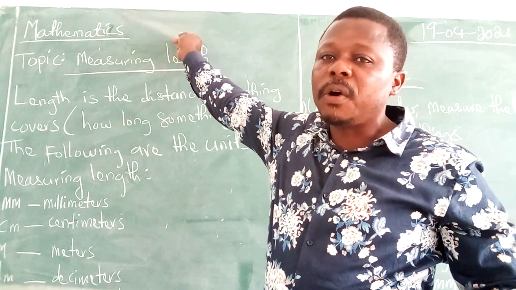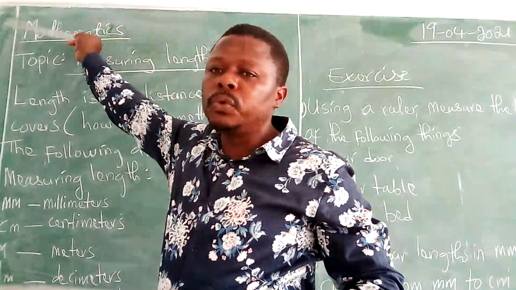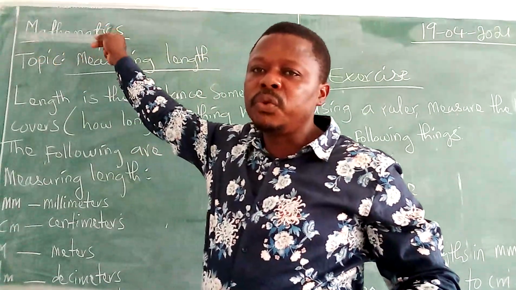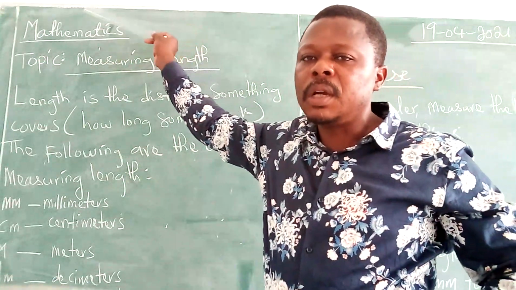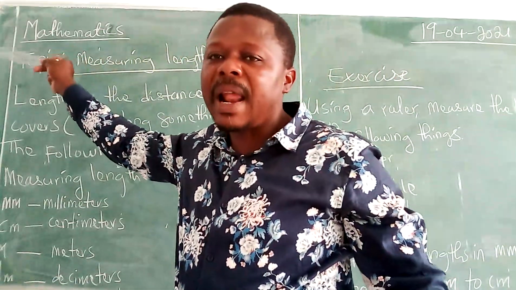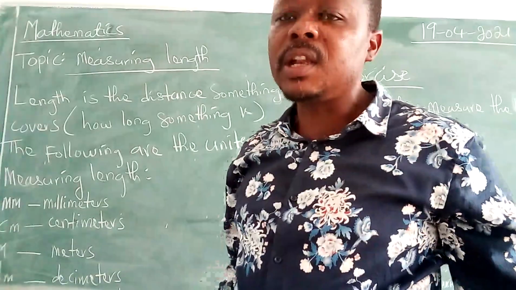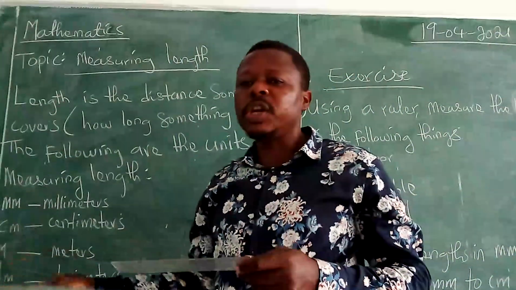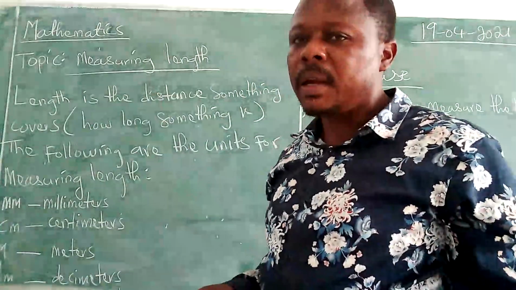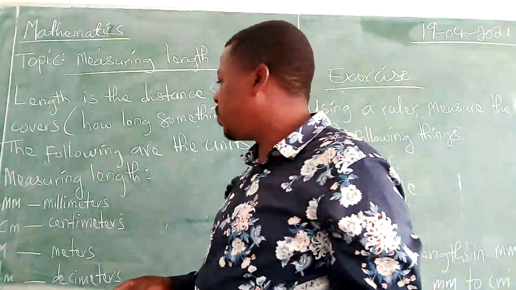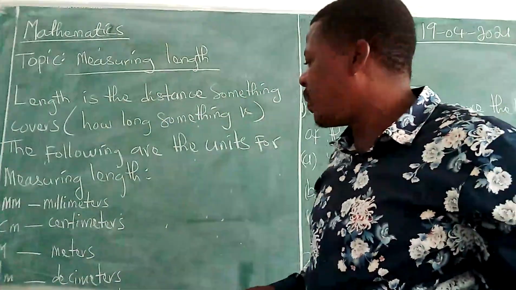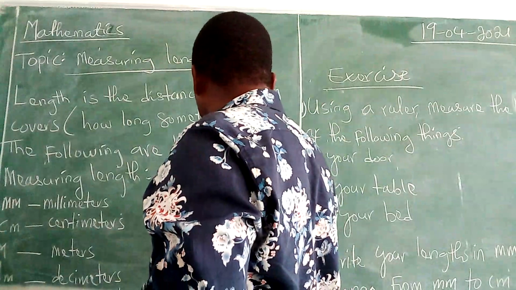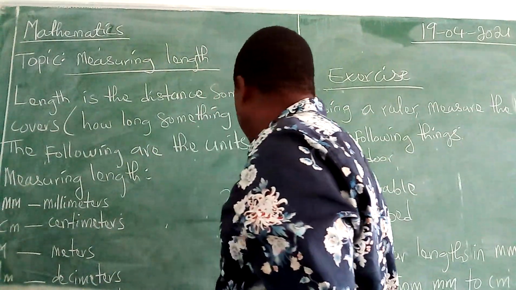You can also change from centimeters to millimeters using the metric table, the metric unit I gave you in our last lesson. You can easily move from one metric unit to another. Let us say we have 20 centimeters.